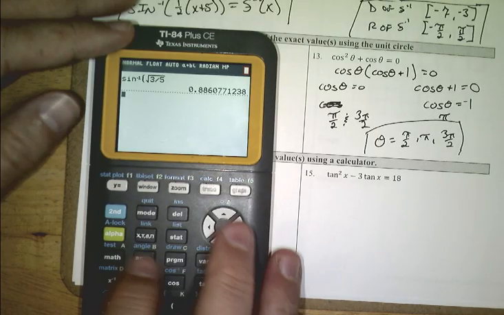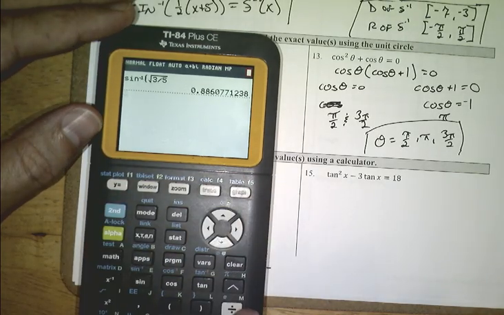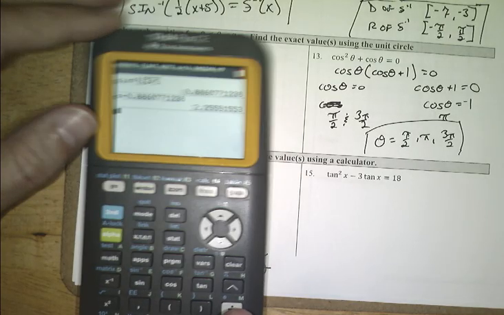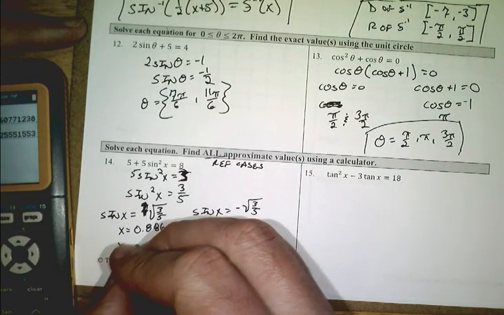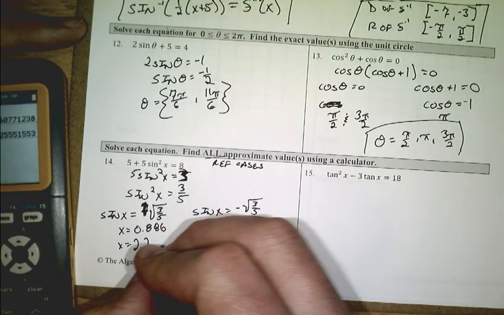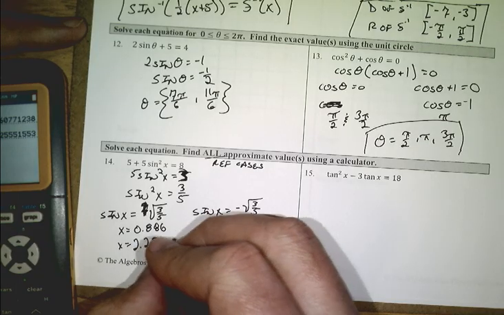So I need to do second pi minus this number right here. So we'll also have 2.256. So there are two of the solutions.